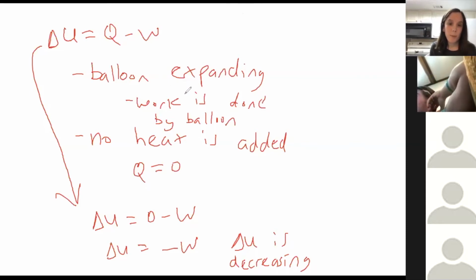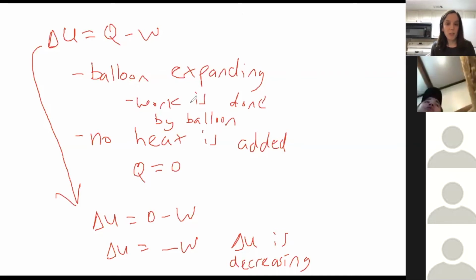So this is how it'd be possible for there to be a decrease in temperature with no heat being added to the object. So if something does work in the surroundings, it can lose energy, it can lose heat, it can become cooler.